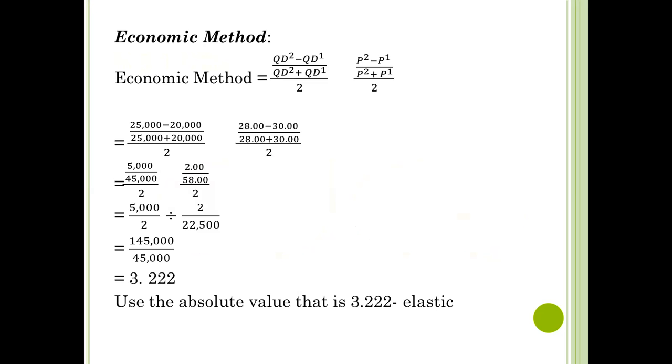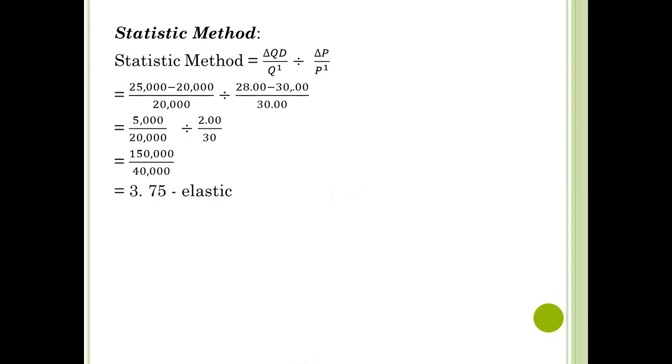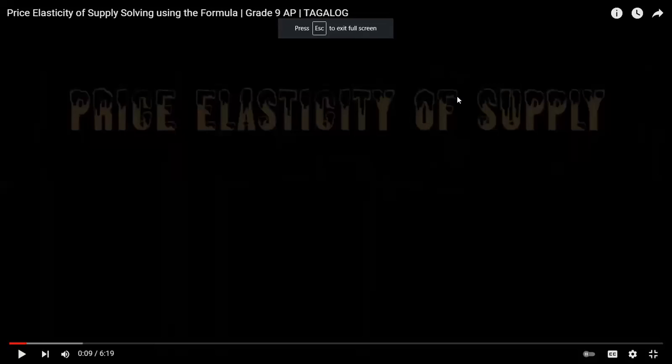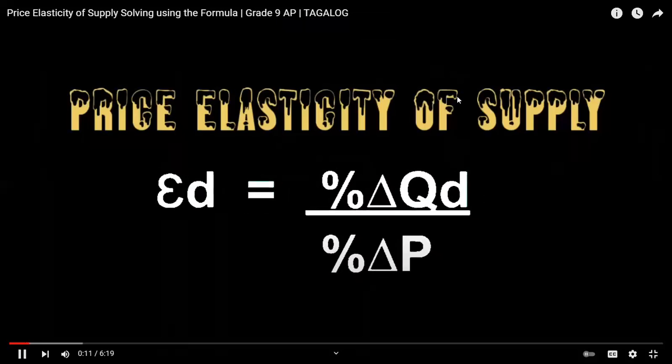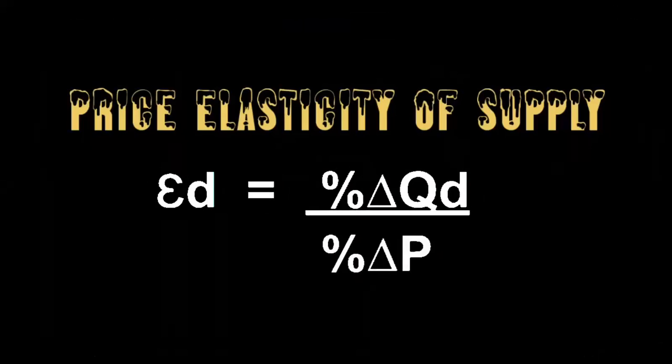So I will show you an example to further explain this lesson that we have. Solve price elasticity of supply using the formula. So without further ado, let's get started.